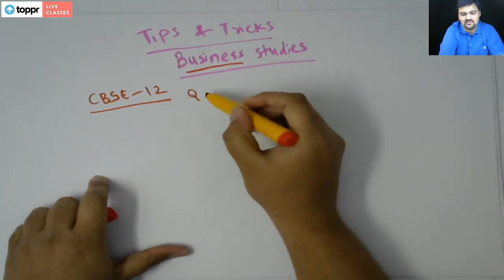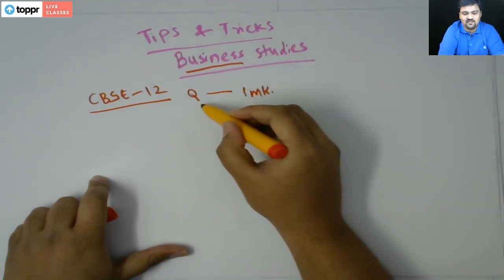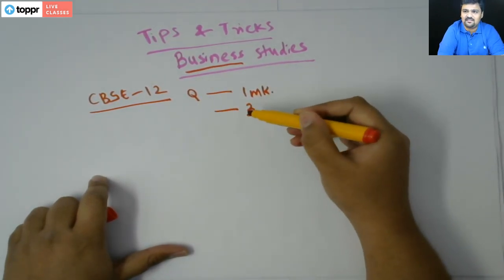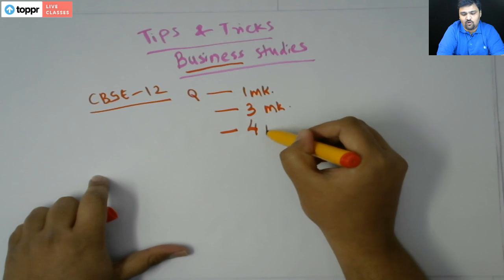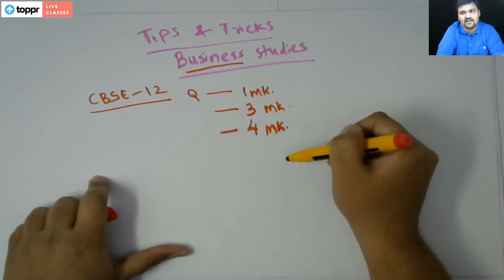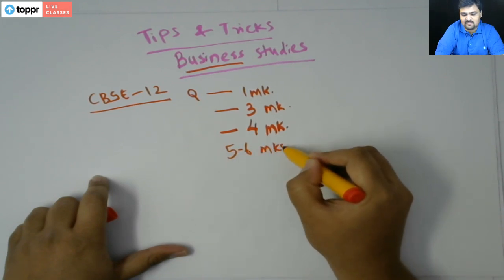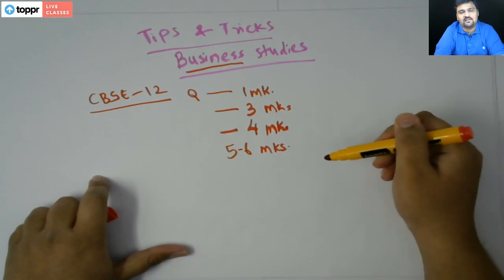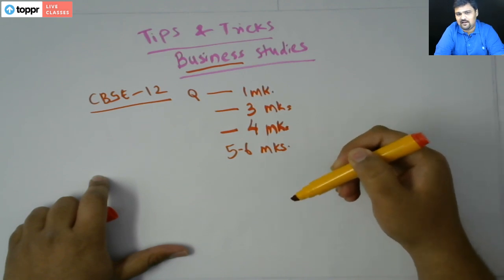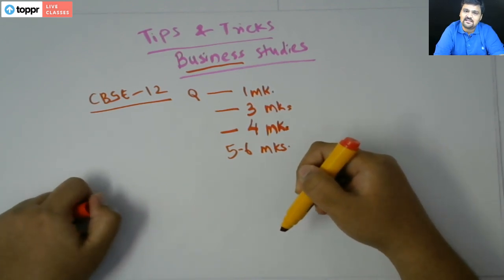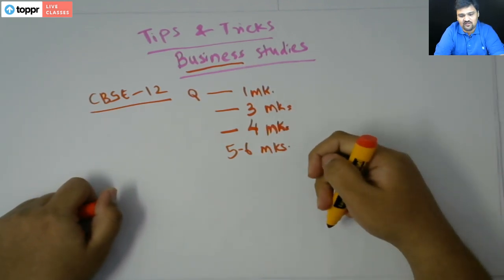So there are questions which have 1 mark. There are questions which have 3 marks. There are questions which have 4 marks, and there are questions which have 5 to 6 marks. Now every type of question is different in nature, because this subject is a very good mix of 2 main components.